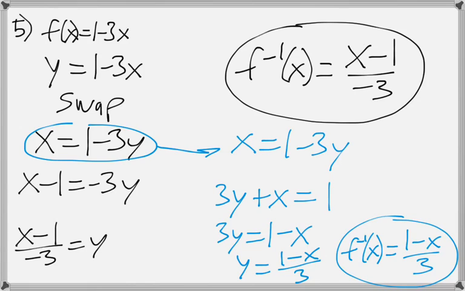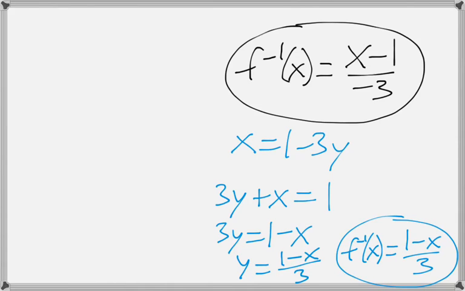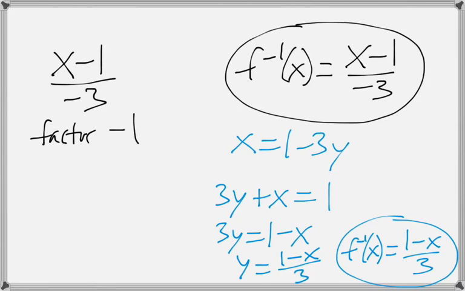So let me show you why these are identical. Again, you don't need to do the problem twice. I'm just showing you why your answer may still be correct, even if it doesn't match my answer. So the reason why these are equivalent is, let's say you factor a -1 out of the top. So you get -1 times negative x plus 1 over -3.